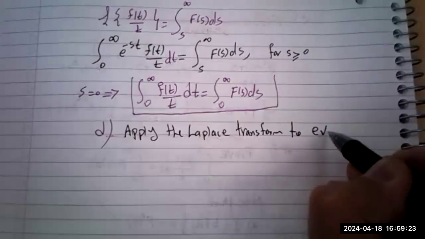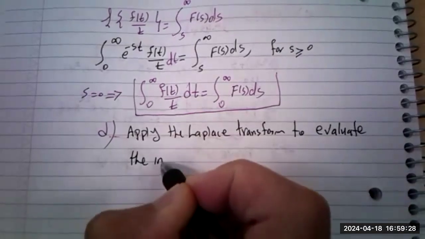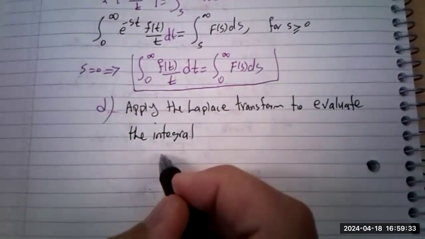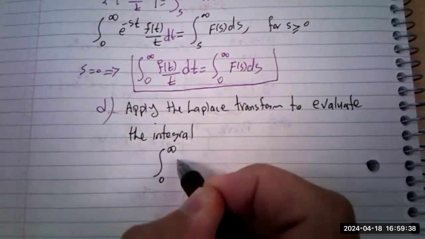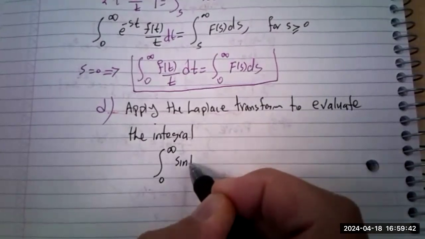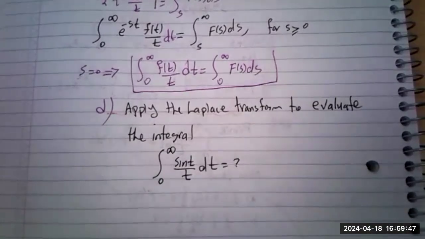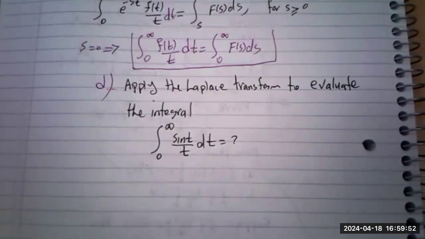Let's say the value of the integral. The integral in this case is from 0 to infinity of sine t over t dt. Don't try to find it directly, of course. You can't do it. The way we do it, we use integration by parts to raise that power up.